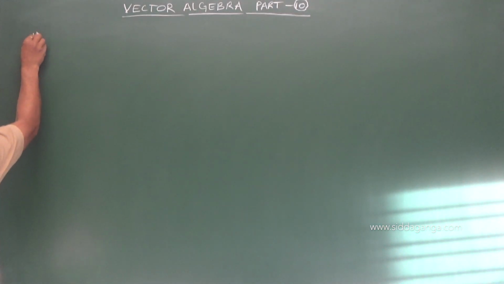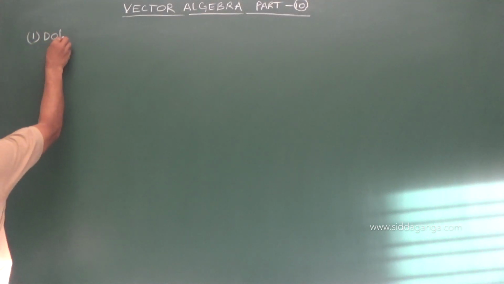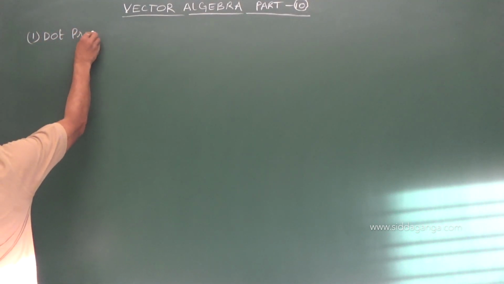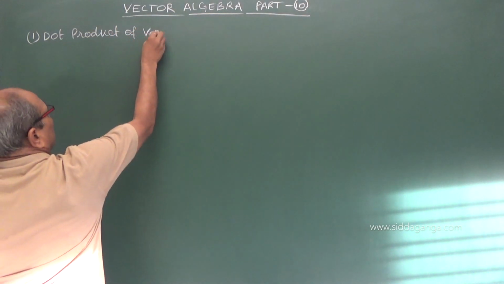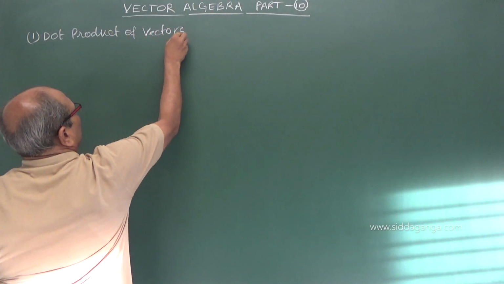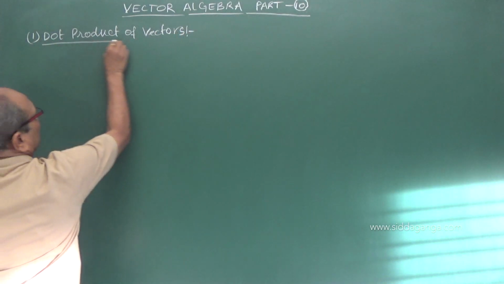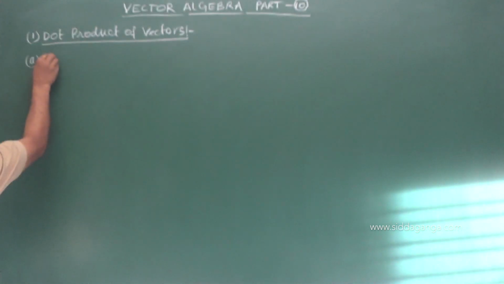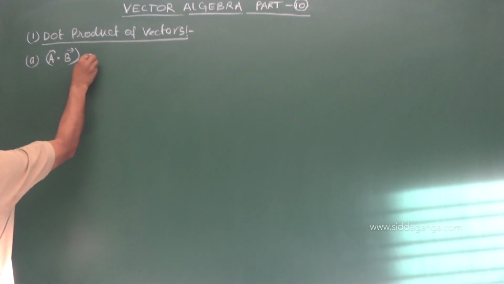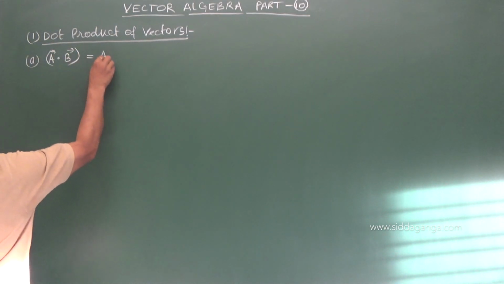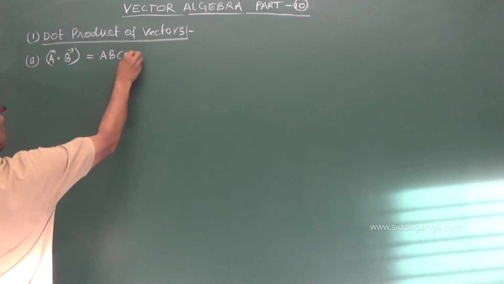However, we started dot product of vectors. Now the formula we come to know, A dot B equal to AB cos theta.